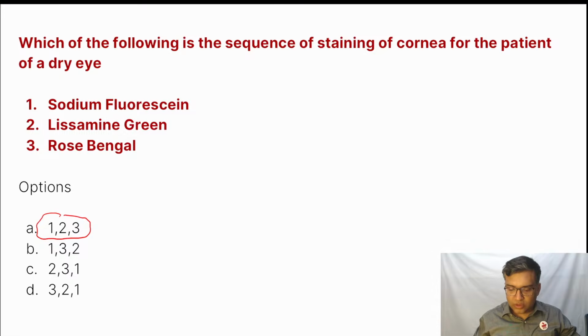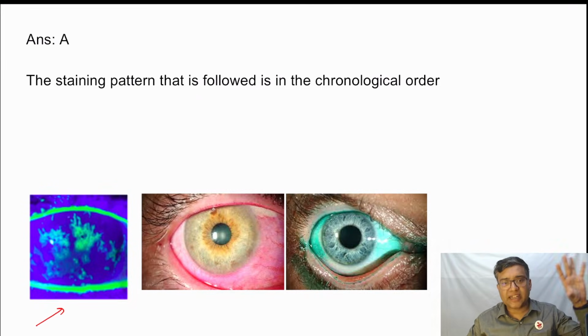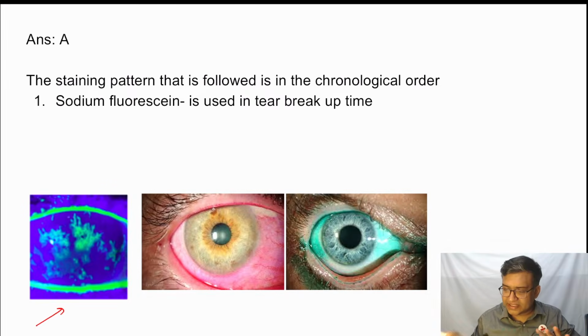Okay, so the staining pattern should be, first of all you have to do sodium fluorescein, to see if there is any epithelial defect, and before that you have to basically see the tear breakup time. That is the most important and the first test you do in a patient who is having dry eye. Okay, so the first thing I would use is sodium fluorescein.